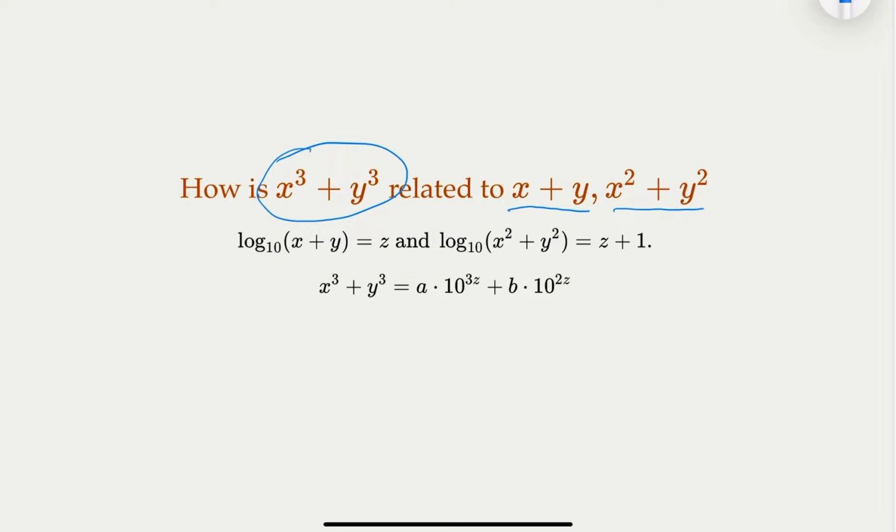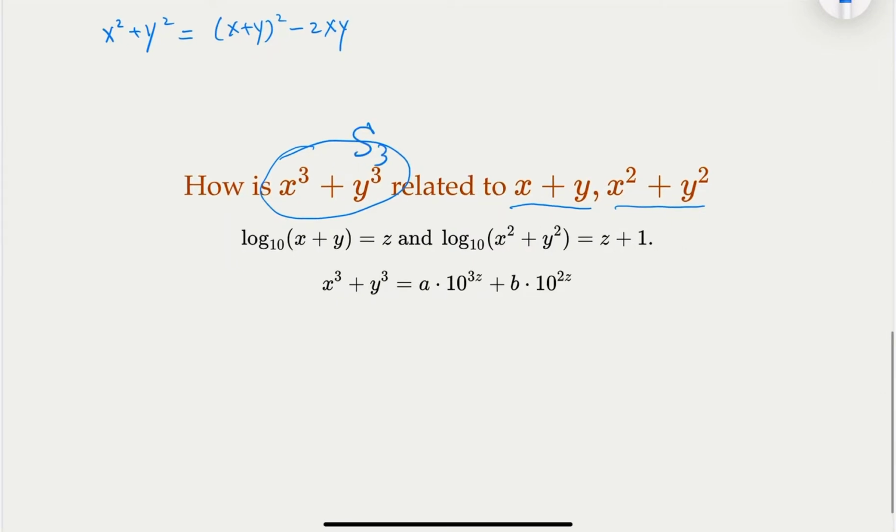If you recall in the analysis of Newton's identity, x squared plus y squared is equal to x plus y squared minus 2xy. That we know, because we always try to relate a higher power sum to a lower power. In our notation, this would be S3, this would be S1, and this would be S2.